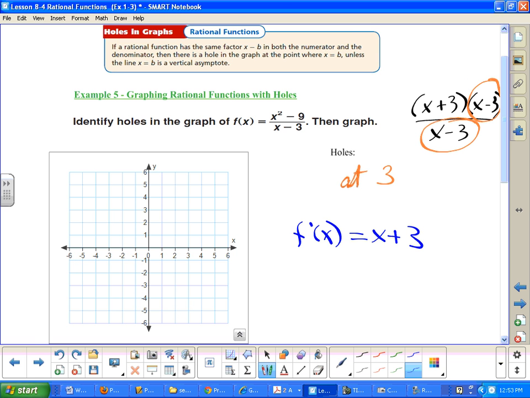So we have this line. But the problem is there's a hole when x equals 3. So on my graph, that point's not going to be there. There's going to be a hole there, and the graph's going to do this. So put that in your calculator, y equals x squared minus 9 over x minus 3, and graph it.